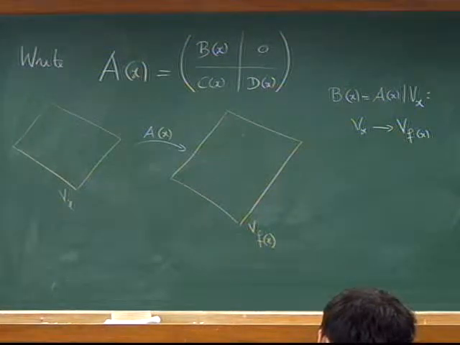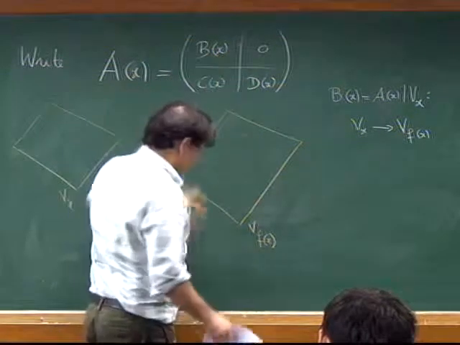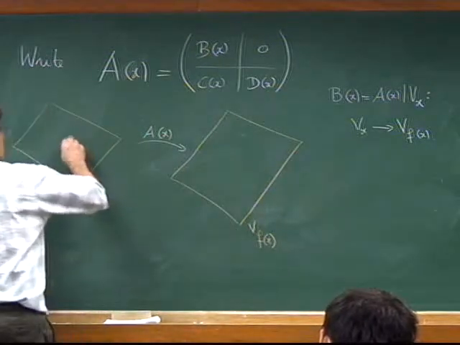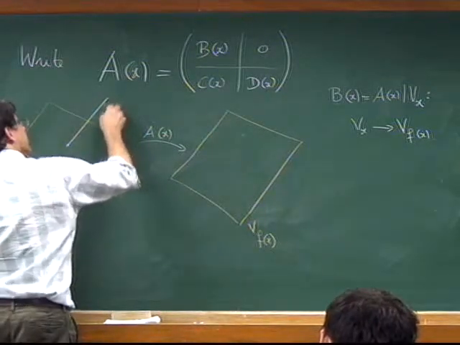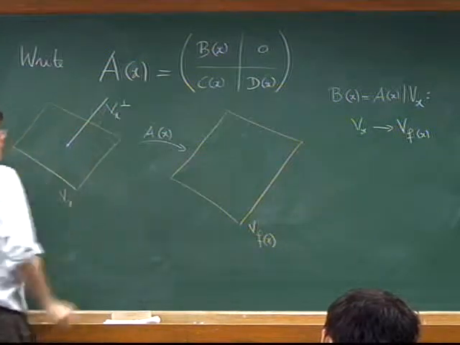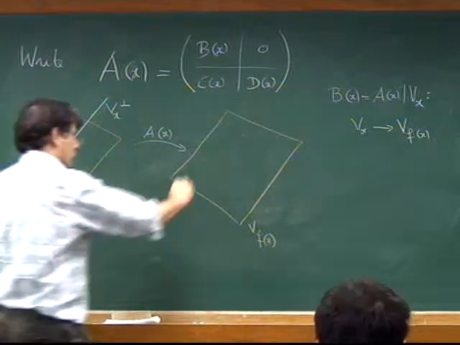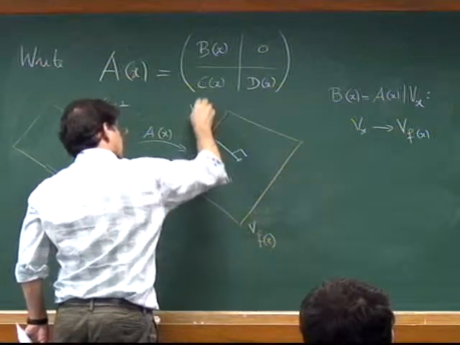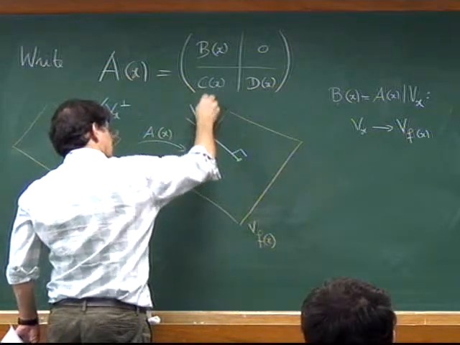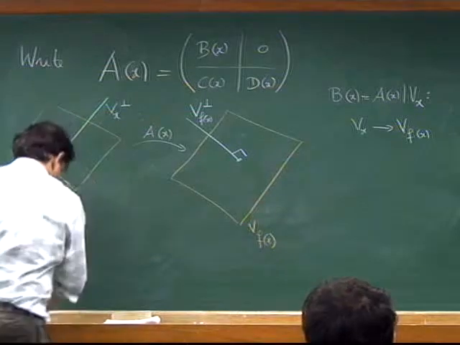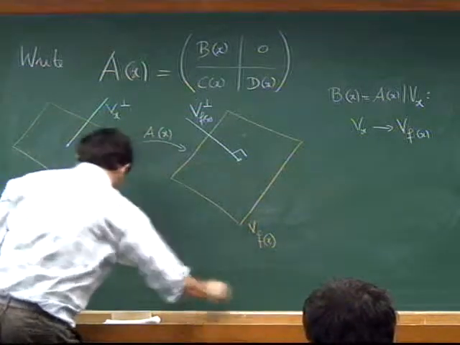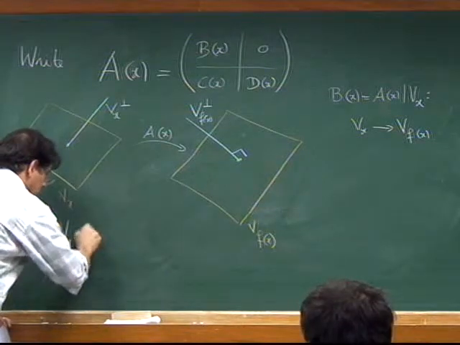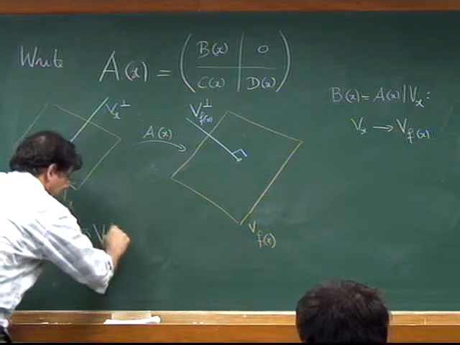Then what this expression here means is the following. I consider here the orthogonal, and here the orthogonal. So I have a direct sum Vx, orthogonal.